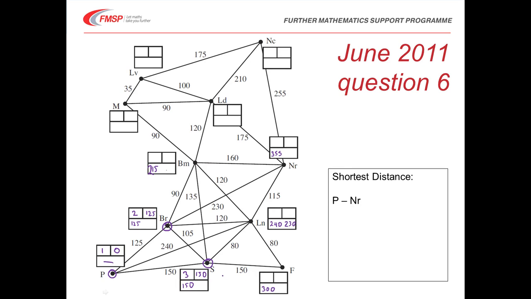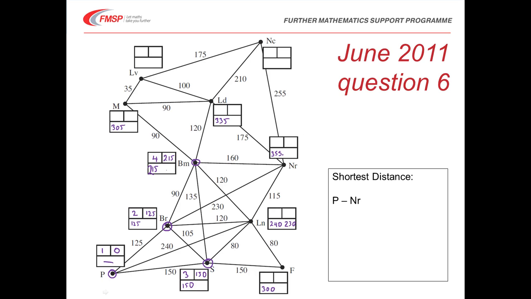Okay, once again, look at all the current working values. 215 is the best one. It becomes the permanent label, and this is now box number 4. Go everywhere you can from here with a starting value of 215. 215 plus 90 is 305. 215 plus 120 is 335. 215 plus 160 is 375.